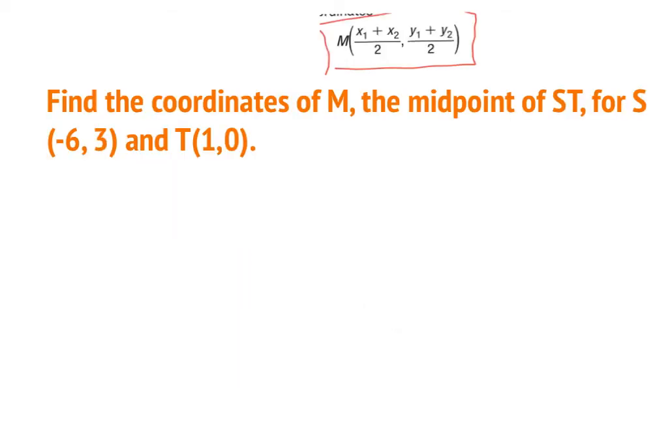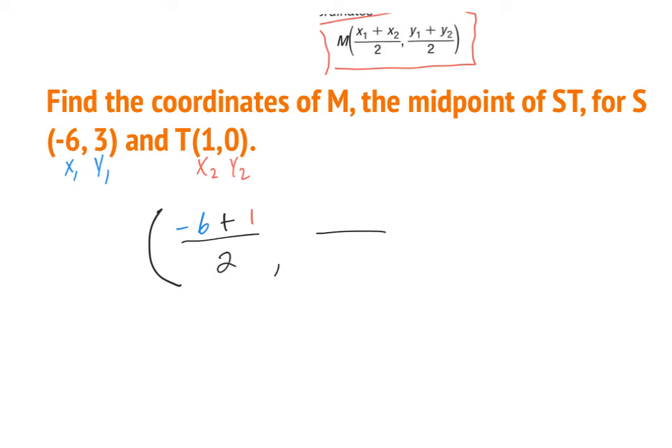I want to find the coordinates of the midpoint, and I am given the coordinates of my point S and my point T. Again, just like distance, I am going to label my points x1, y1, x2, y2, and now I'm going to plug into my formula. So I have my parentheses, my x1, which is -6, plus my x2, which is 1, all divided by 2.